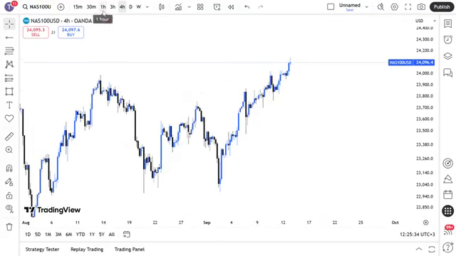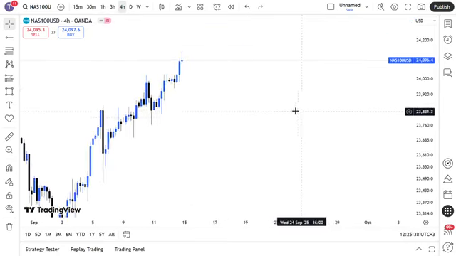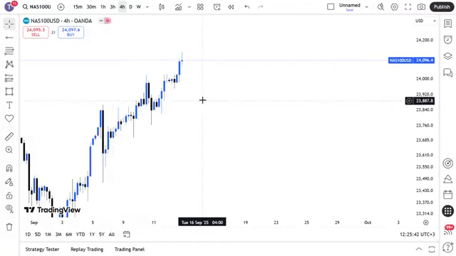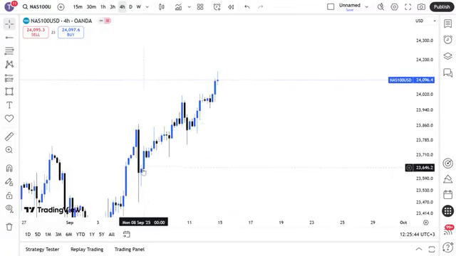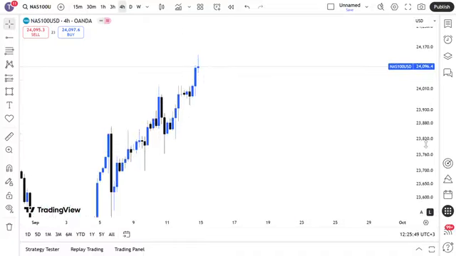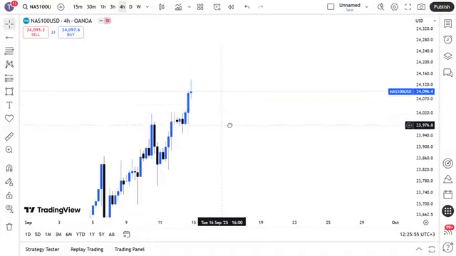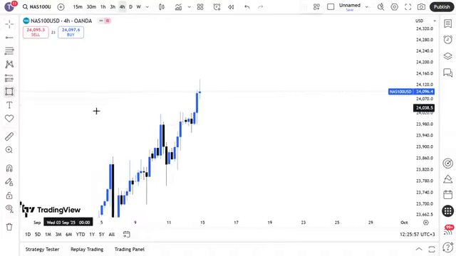So currently, I see that NAS 100 is filling each and every fair value gap that is being left behind. You can see clearly there is no order block or fair value gap that is being left behind. And currently, there is this fair value gap that has been formed around this area, and that is where my focus is.